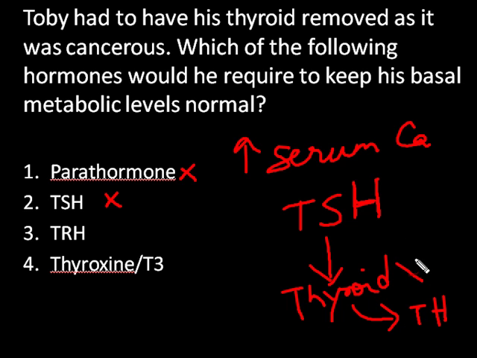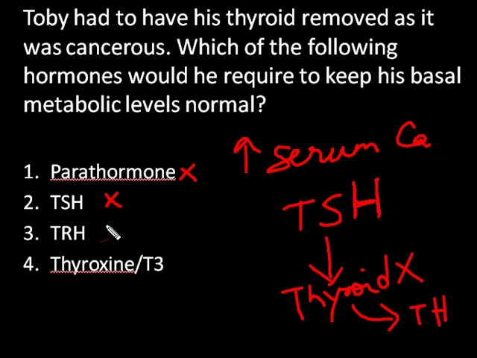Now, if there is no thyroid, there is no point giving TSH because it is not going to affect the basal metabolic rate at all because since there is no thyroid, no hormones will be produced. So there's no point giving TSH to this person.